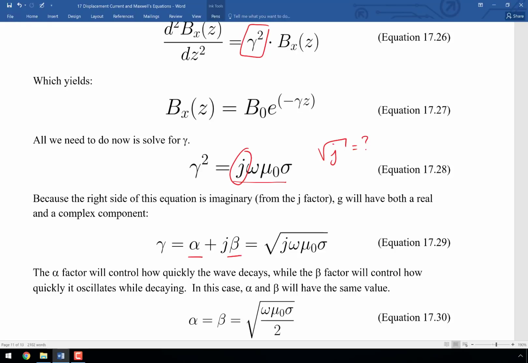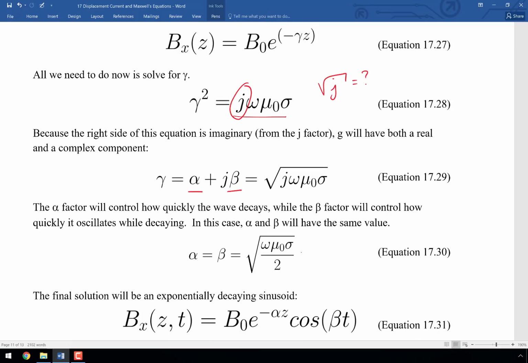In this case, alpha and beta have the same value, and that value is the square root of omega times mu sub 0 times sigma divided by 2. If we know omega, which is the excitation frequency, we obviously know mu sub 0, that's a global constant, and if we know the conductivity of the material, we can use those to find alpha and beta.